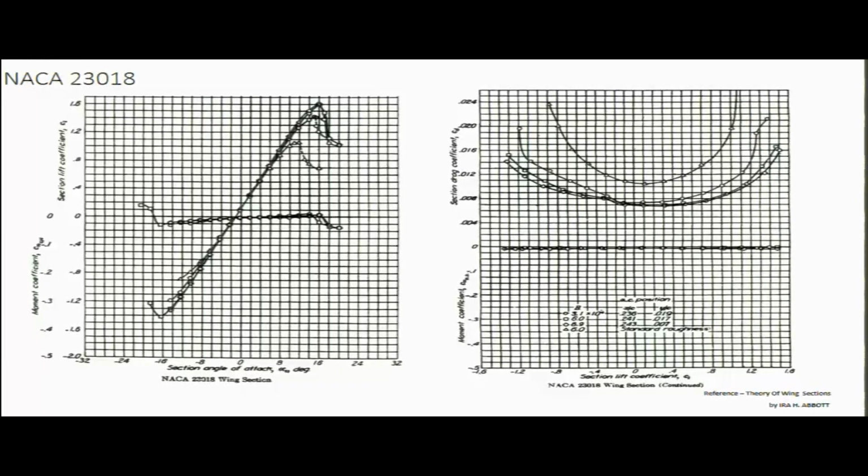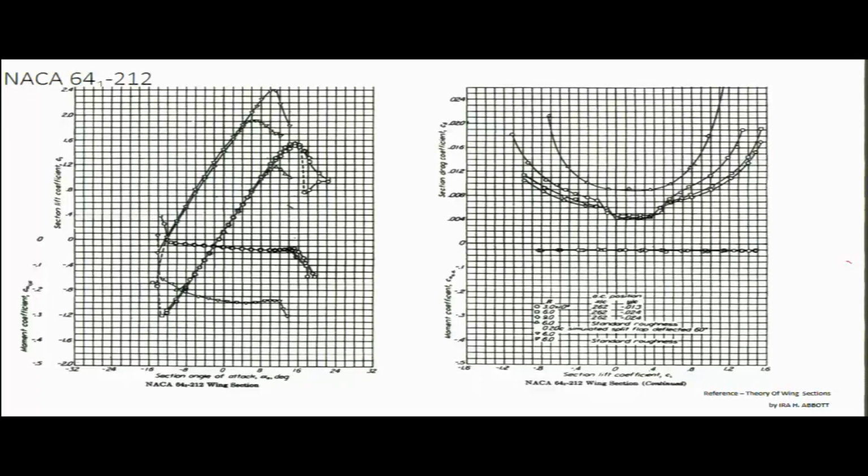And the CD naught value for this particular 23018 aerofoil is approximately 0.007, which is almost the same as 23012. So although there is an increase in the thickness ratio t by c, there is no increase in the profile drag coefficient.